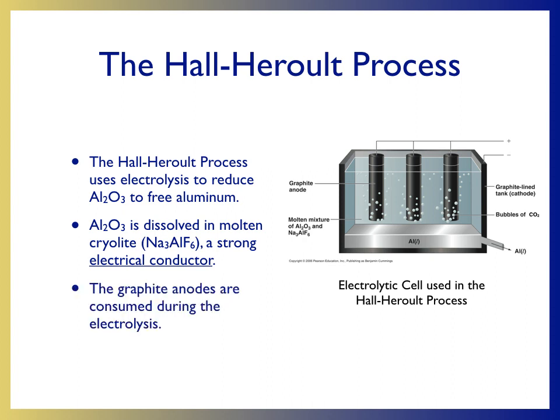And unlike many of the electrolysis cells that we've seen in the past, the graphite electrode is actually not very inert here. It is actually consumed by the electrolysis process. In the Hall-Héroult cell, at the anode, carbon is oxidized to carbon 4+ and CO2. These are the gas bubbles that you see coming off of each electrode.